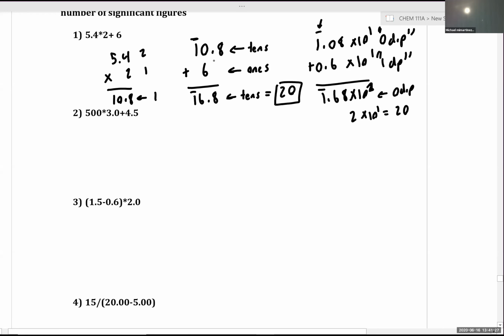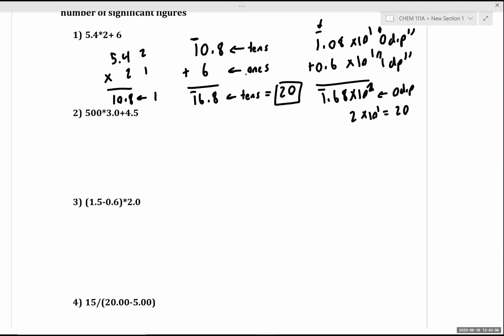That's why when I'm adding numbers where I don't have a clear decimal point, I like to rewrite my numbers in scientific or base 10 notation and then compare the number of decimal places. That makes it very easy to notice that this 10.8 only has 1 significant digit and it has 0, quote unquote, decimal places. That's why we're only able to report up to the tens place rather than the ones place. Does that make sense?